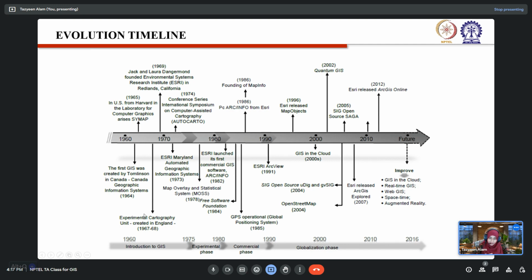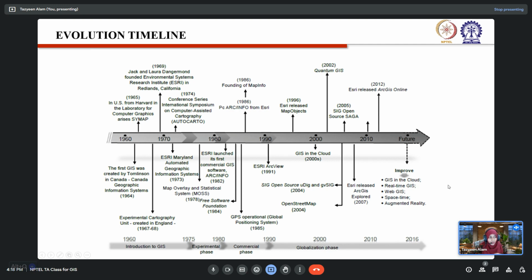For the first 10 years it was just an introductory phase of the entire analysis software and platform, and eventually it went to the experimental phase as soon as SA came in. After the experimental phase, we had the commercial phase where MapInfo was founded, and we also introduced GPS systems. And after the commercial phase, we had the globalization phase from 1990 onwards, and it still goes on.